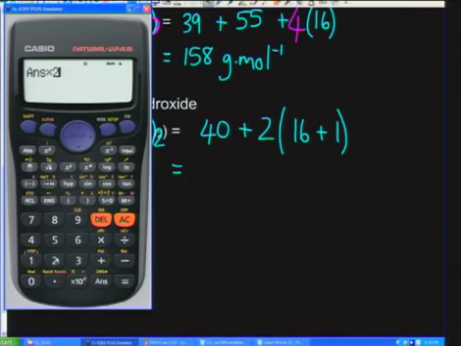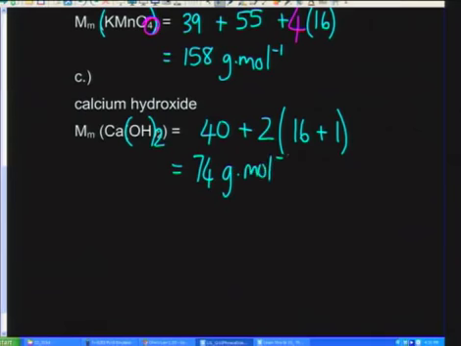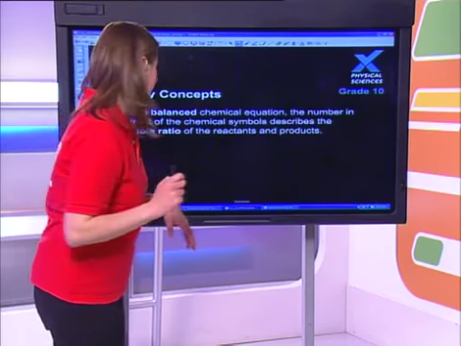I need to multiply the whole thing by 2, and I'm adding it to the 40 as well. So 74 grams per mole. Excellent.